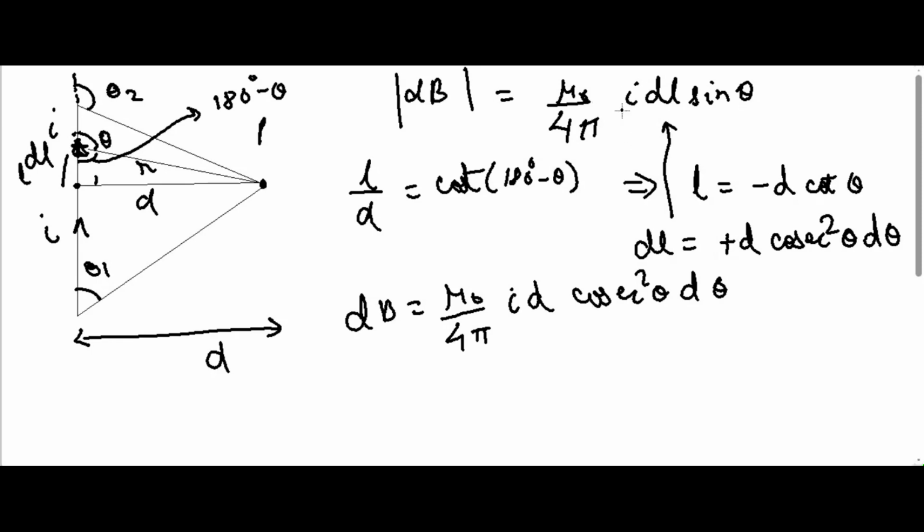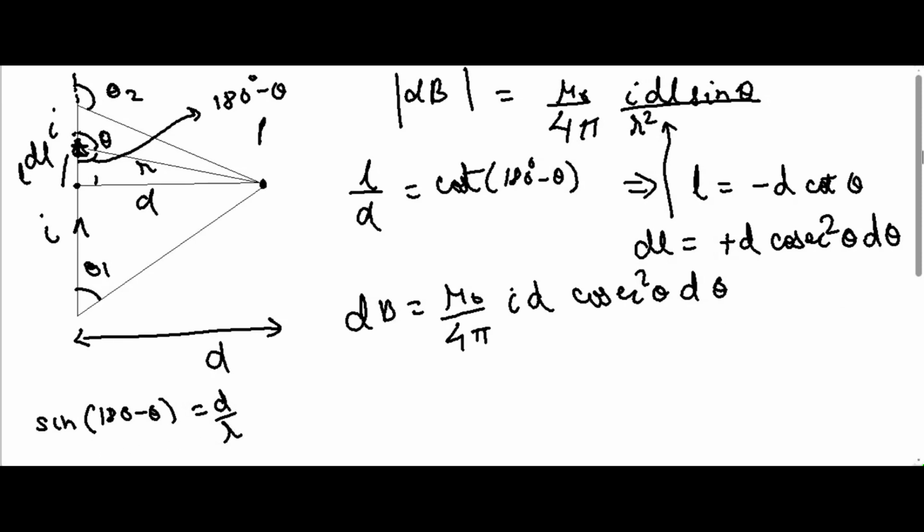Sorry, I missed another important term. Biot-Savart's law is I dl sin theta by r squared. So what will be the relationship between r, d and theta? If this is theta, r will be the hypotenuse. Sine of 180 degrees minus theta will be equal to d by r.